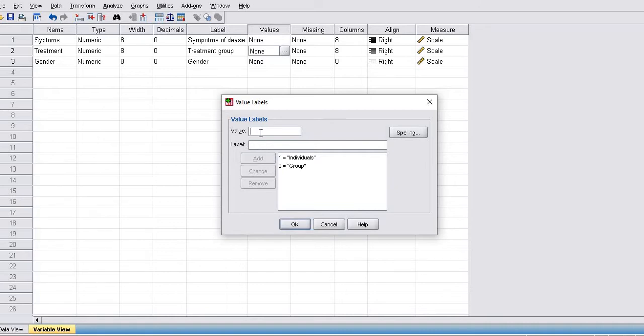Third is treatment as usual. Add it. The three groups of treatment have been completed.